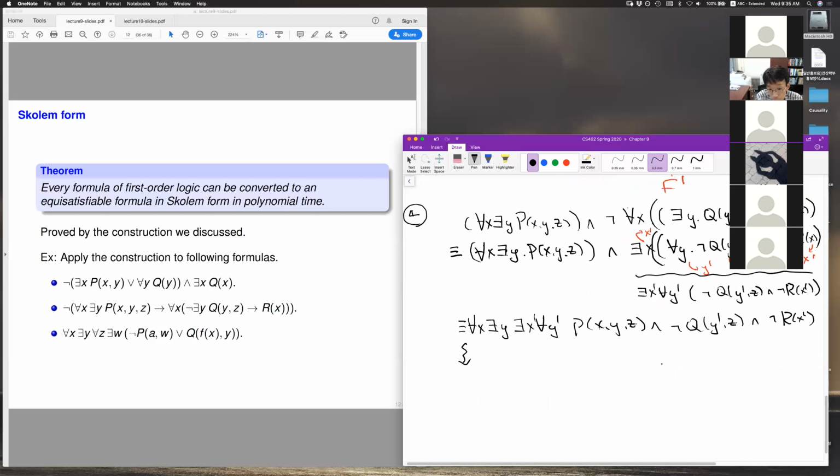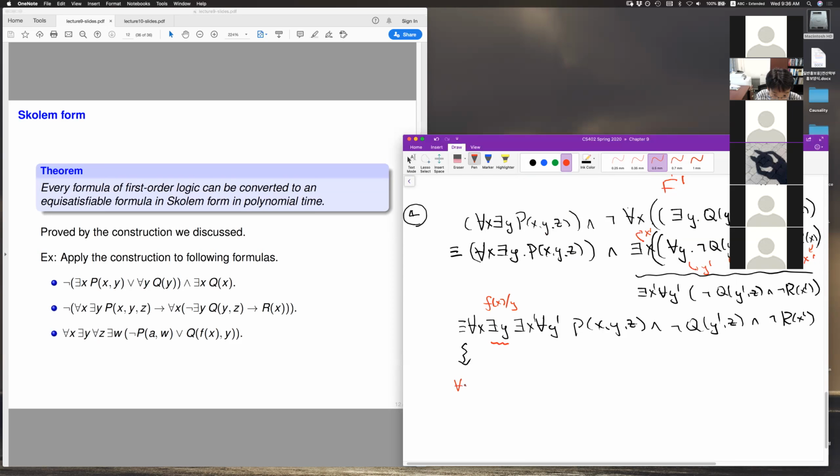So we do Skolemization. We first Skolemize this existentially quantified y. Before y, there's only one universal quantification, which is x. So we introduce a small f, and then replace all y by f of x. That's what we do for the first existential quantification.